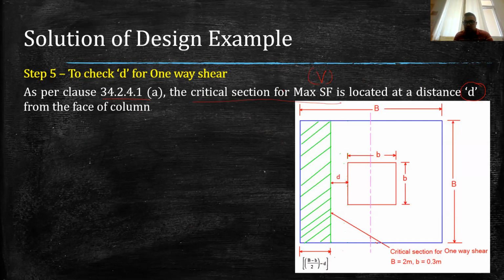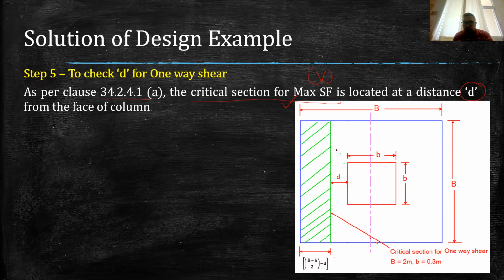So this is the new diagram showing the critical section of the shear force in this criteria. Again, because this is the square column, we can consider any one side, and along that side shear force will be calculated as the maximum shear force at critical section.